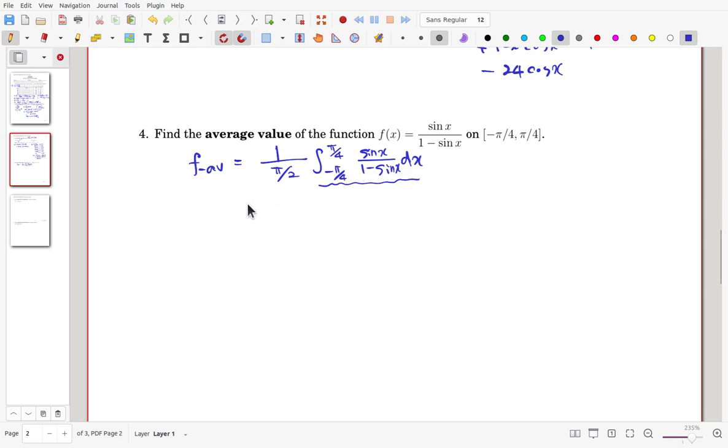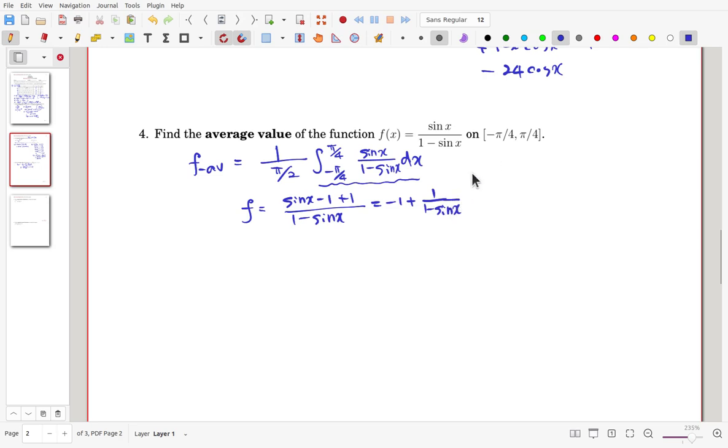Now the integrand f can be written in this way. If we try to multiply by 1 plus sine x, rather than that, first we change it this way: sine x, minus 1 plus 1 first, and then 1 minus sine x, right? Then that will make minus 1, plus 1 over 1 minus sine x.